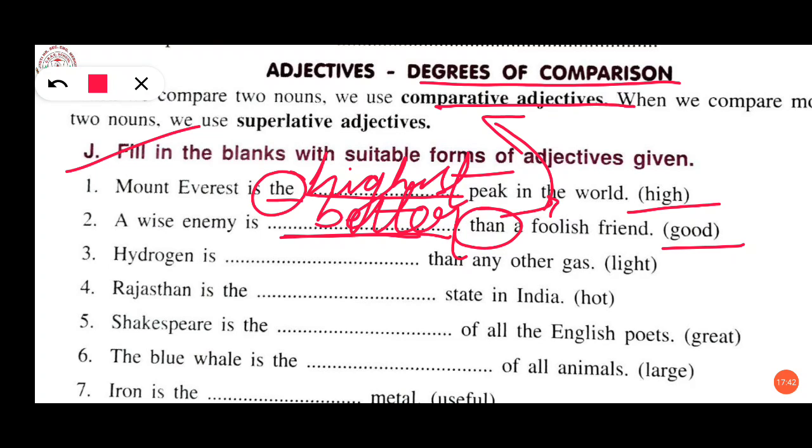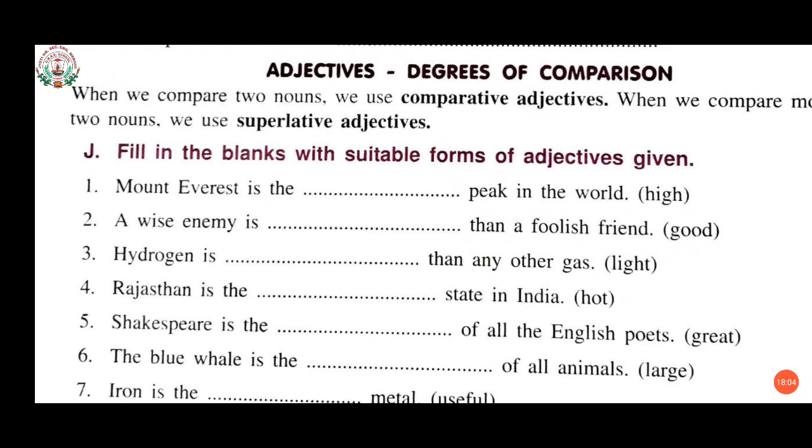Hydrogen is dash than any other gas. Lighter is given, and we know light, lighter and lightest. And than is given, so which degree will we use here? The comparative one, and in the comparative, light will become lighter. Likewise, just try to do it on your own.